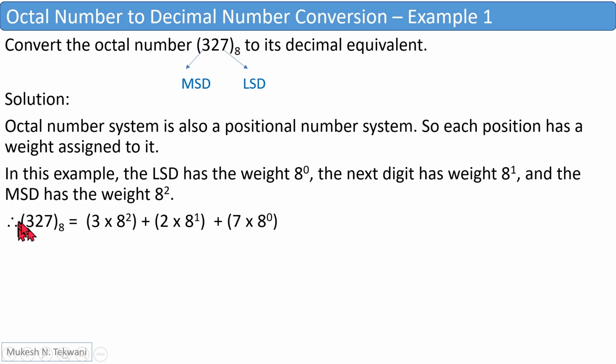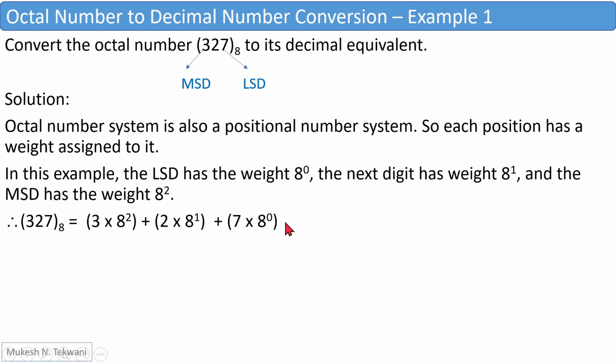So we can say that 327 of octal is equal to 3 into 8 raised to 2, because this digit 3 is the most significant digit, and therefore we multiply this digit 3 with 8 raised to 2, plus 2 into 8 raised to 1, plus 7 into 8 raised to 0.